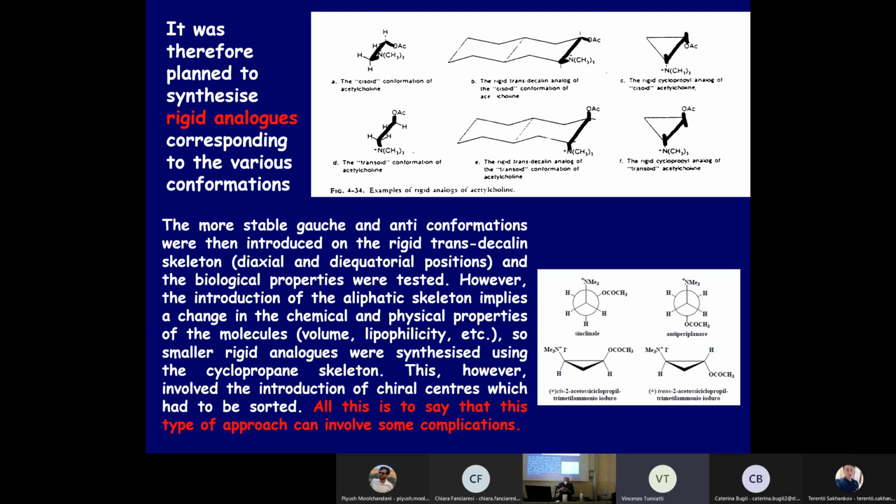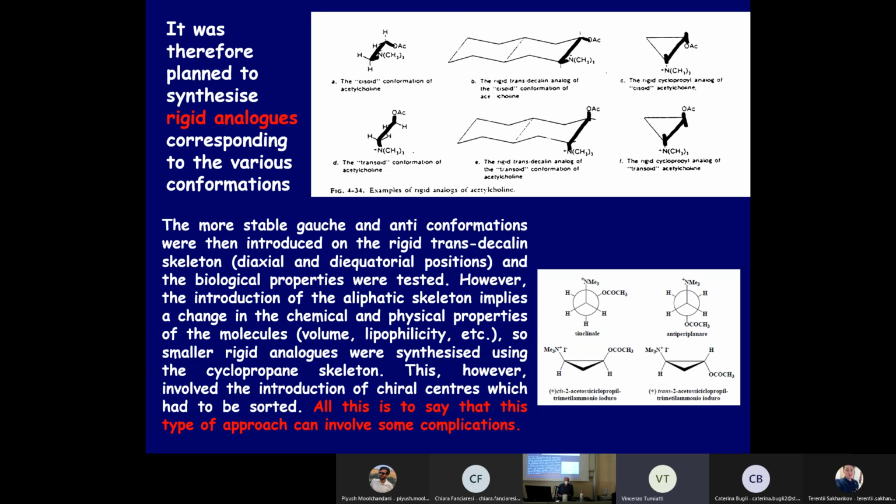In this case, we have changed the chemical physical properties, and the steric hindrance is also greater. And so perhaps this molecule can interact with the target, but not in the right way.